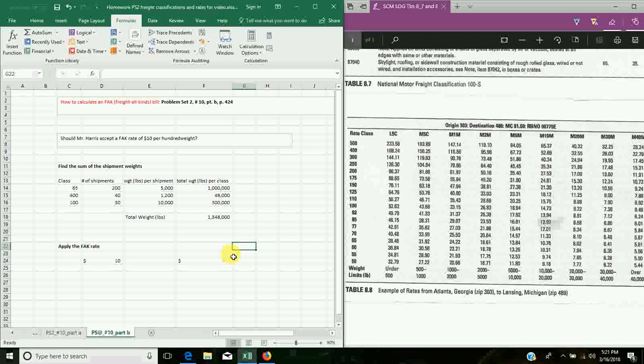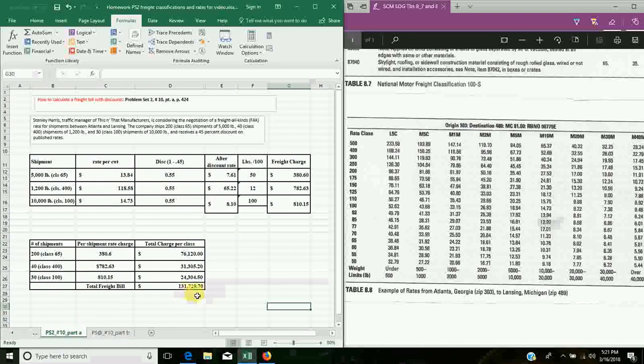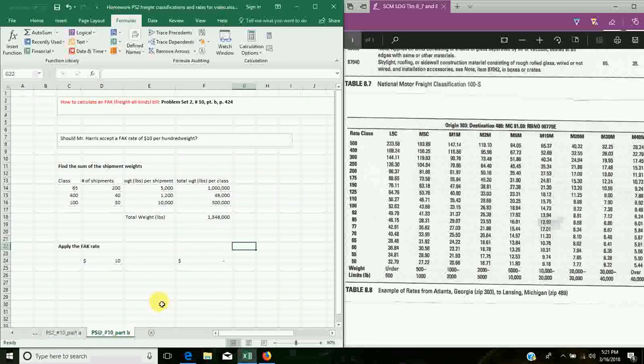Because what we have to do is figure out if this FAK rate is better than the rate we figured out back here. So in other words, we're trying to beat $131,729.70. If we can get under that, then maybe we do want to go with this FAK rate. Let's check it out. All right, the FAK rate is $10 per hundredweight. So do we multiply this times this number?